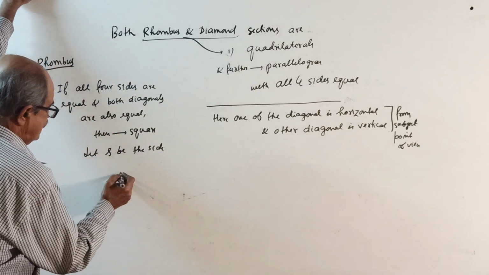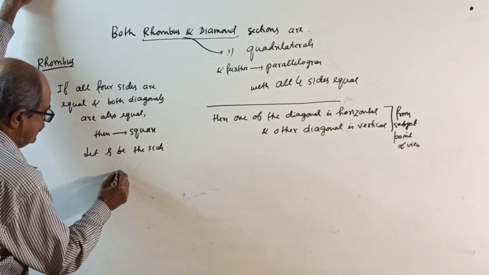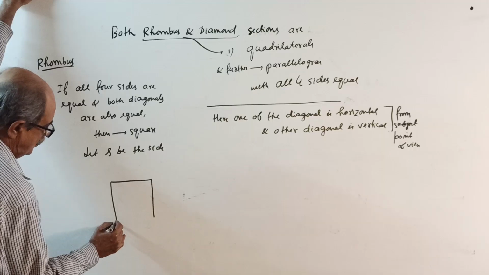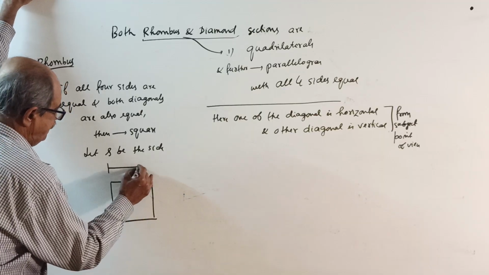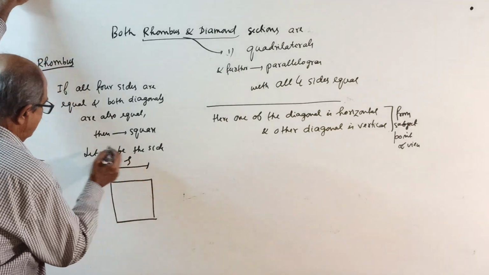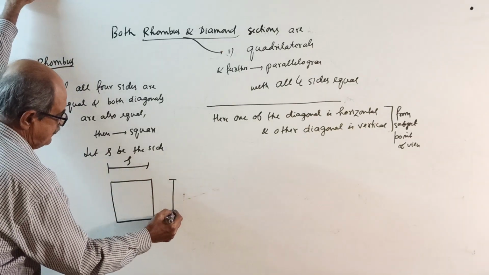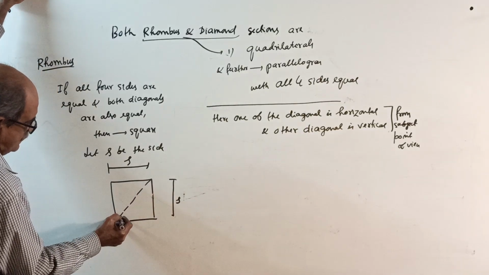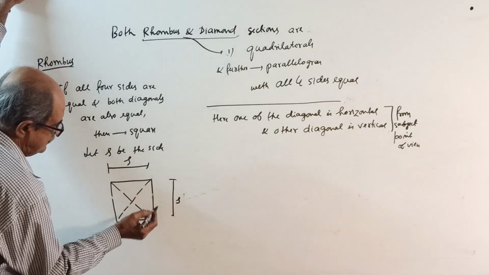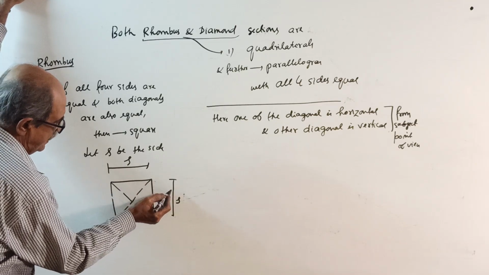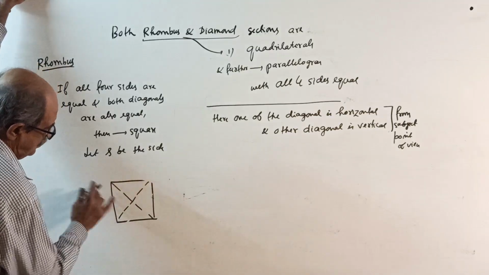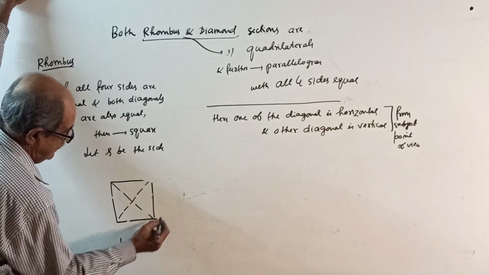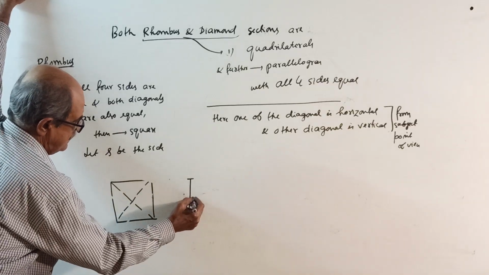Let S be the side here, this also S, and these are the two diagonals. I will show S here and S here.